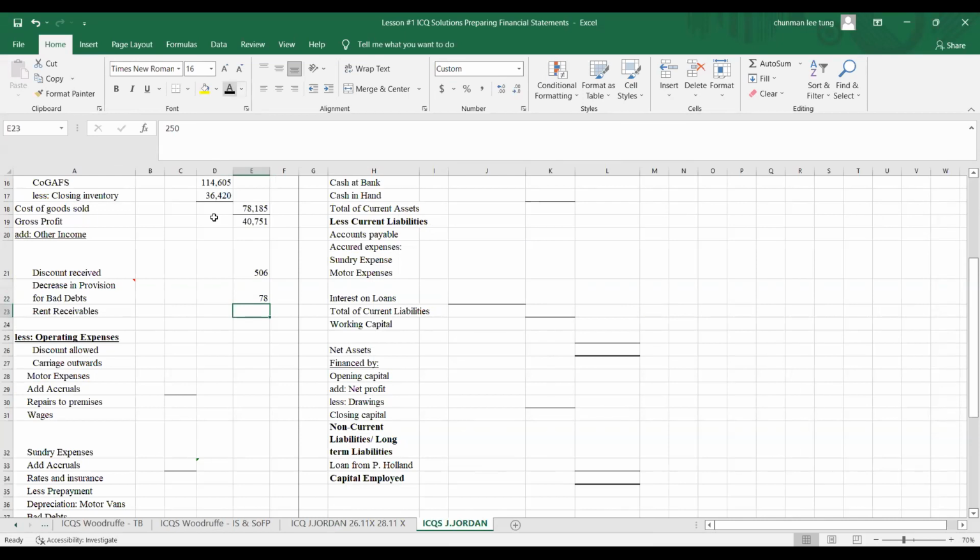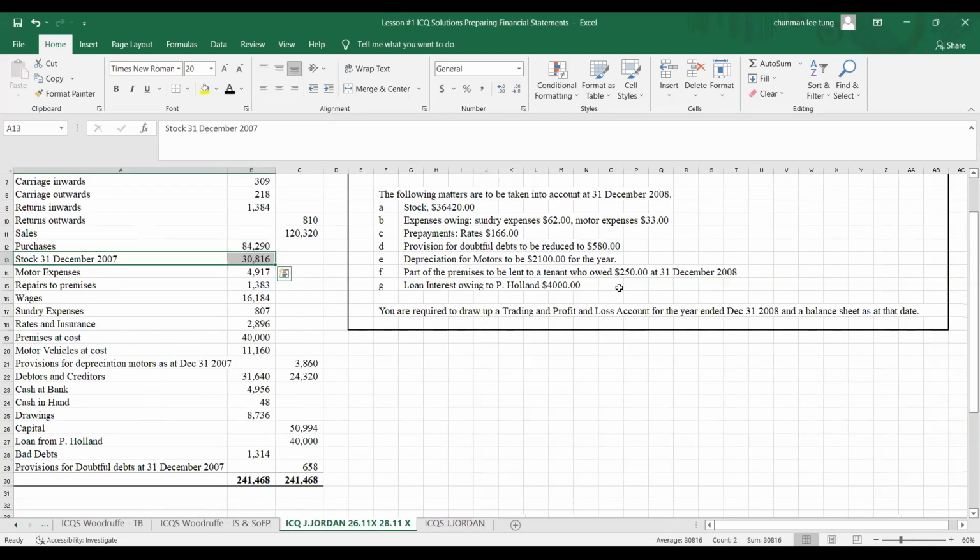And now we also had another item, another income that's going to be added to our gross profit, rent receivable. Did they say anything about rent receivable over here? Part of the premises to be lent to a tenant who owed $250. You're seeing that? So how would you all make sense of it?